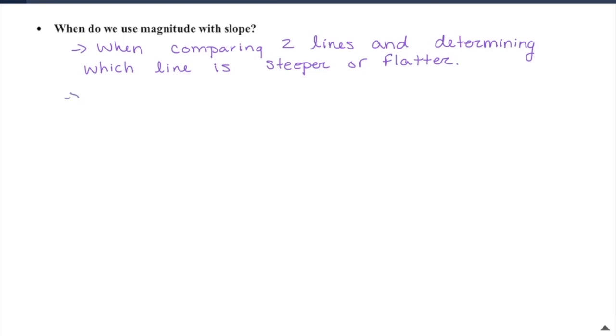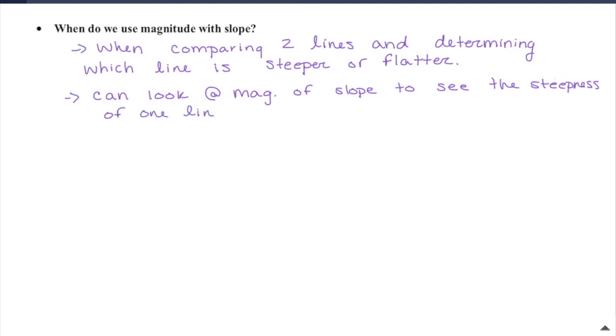We can also look at magnitude of slope to see the steepness of one line. It's important to note that if you have a zero slope, that's a horizontal line, which is the flattest line you can have.